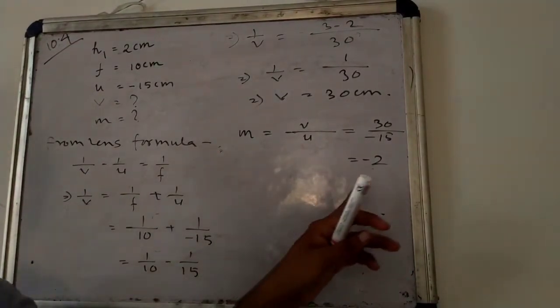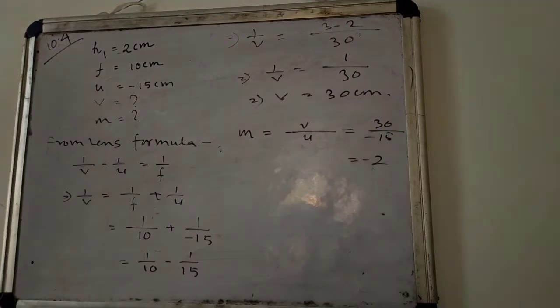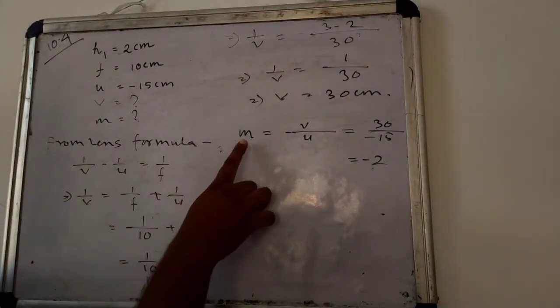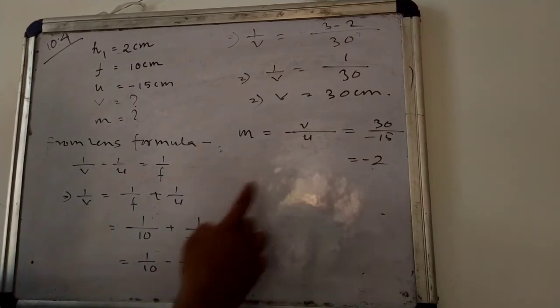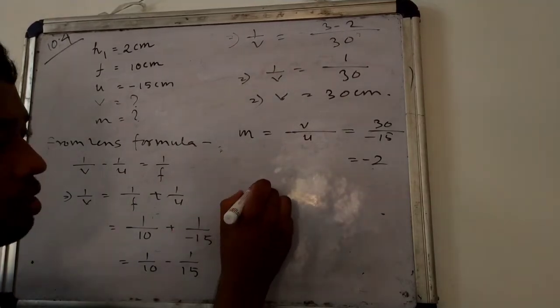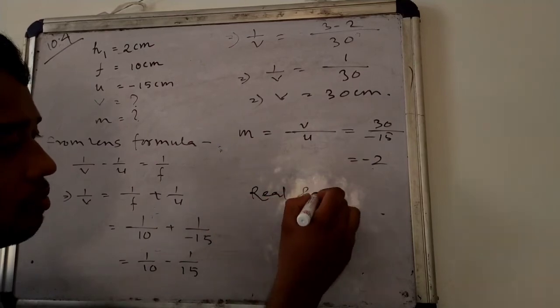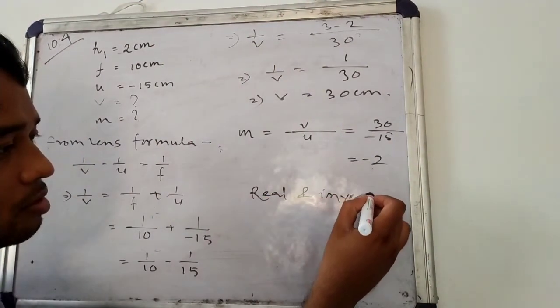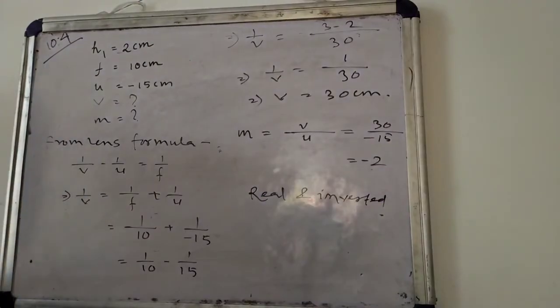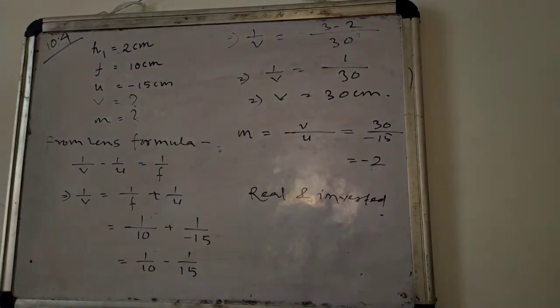Now from this value, minus 2, we can know the nature of the image. Since the magnification is negative, the image will be real and inverted. This negative sign tells us these two things.